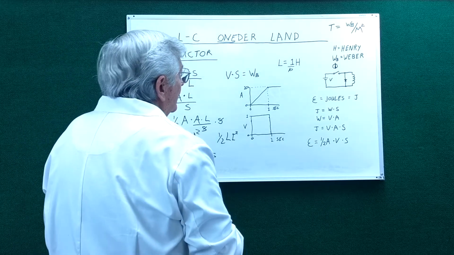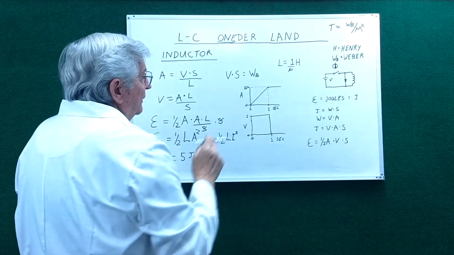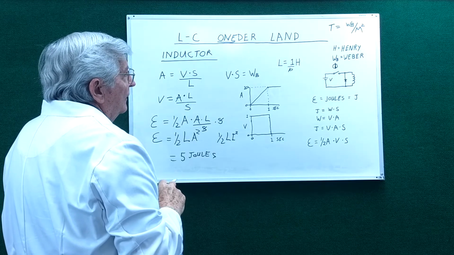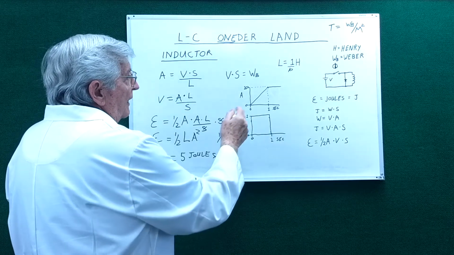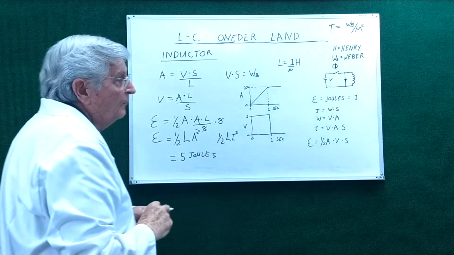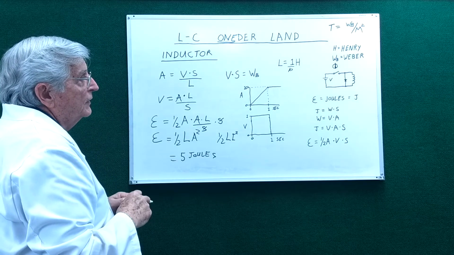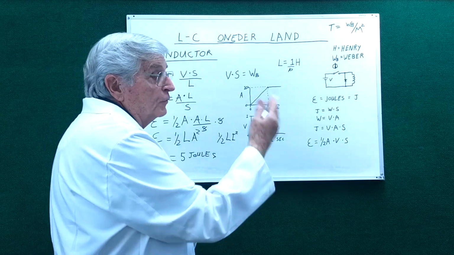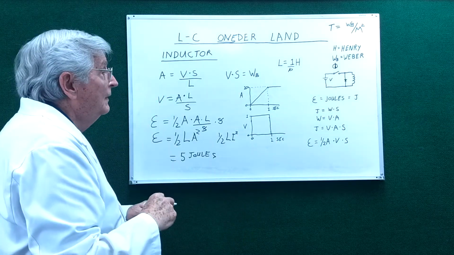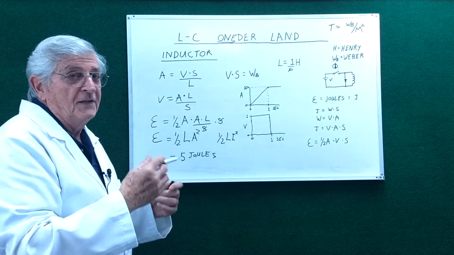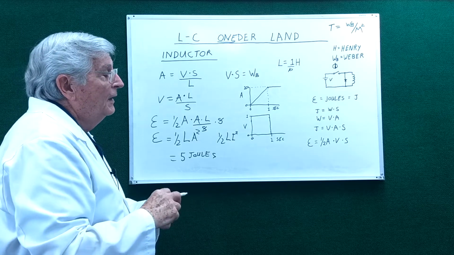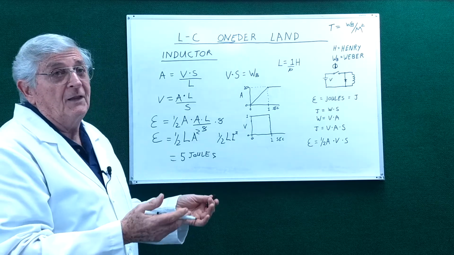So for the smaller inductor, that flux is at a higher current. So the energy is not just stored in the flux. It depends also on the current that's generating that flux.